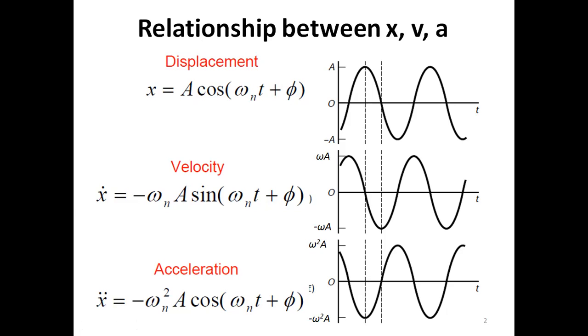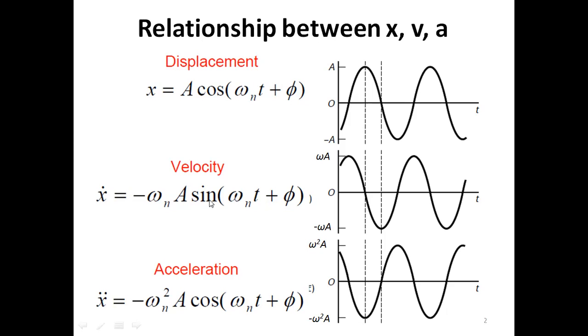So just remember that if we have a harmonic motion, and if a is the amplitude of the displacement, then we could very easily compute the amplitude of the velocity. Just multiply the amplitude of the displacement with omega n. And if you want to find out the amplitude of the acceleration, multiply the amplitude of the displacement with the term omega n squared.